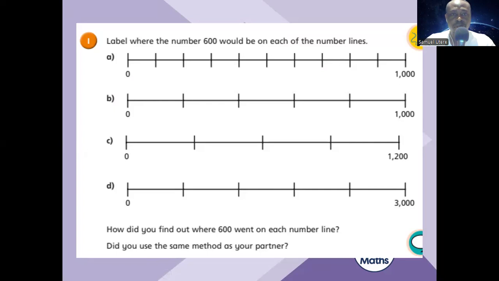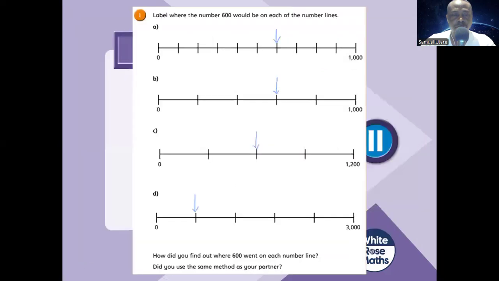Assuming you've paused the video and you've really worked hard on this question, here are the answers. Let's discuss them. For question 1, you were asked to label where the number 60 would be on each of the number lines.